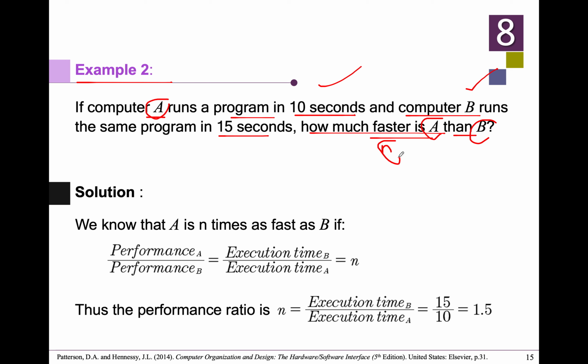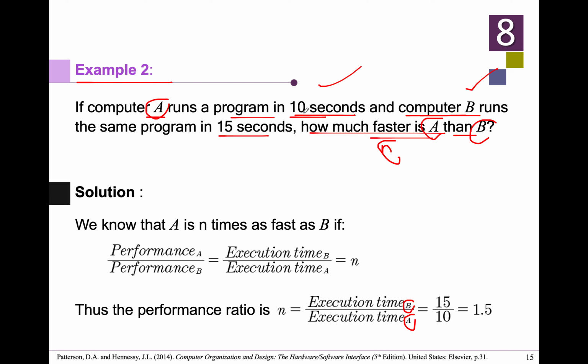So you're going to apply it into your equation. This one is execution time. Again, it's true. So execution time for your A and also for your B. You're going to apply this: computer B, 15 seconds. This is computer A, which is 10 seconds.